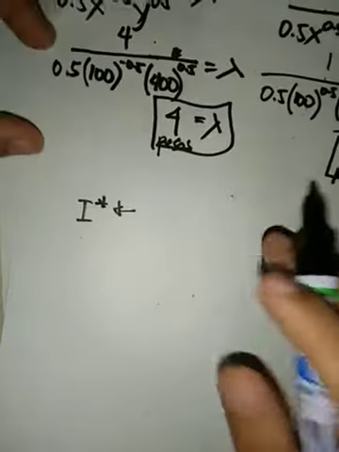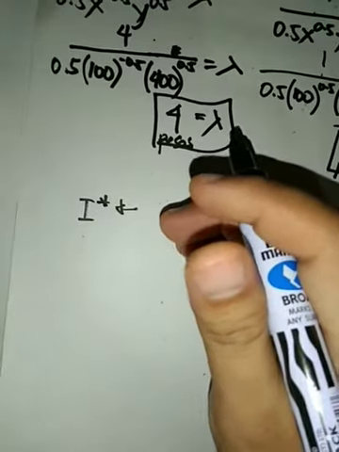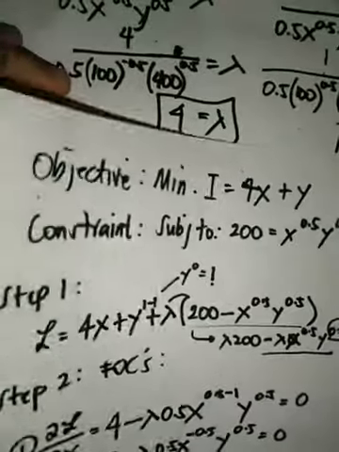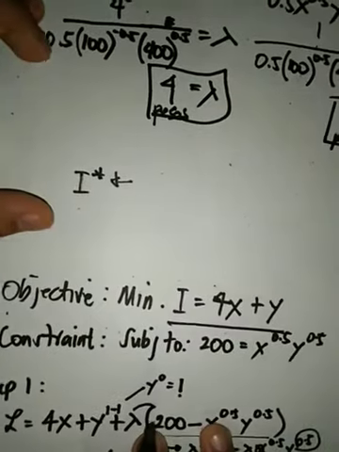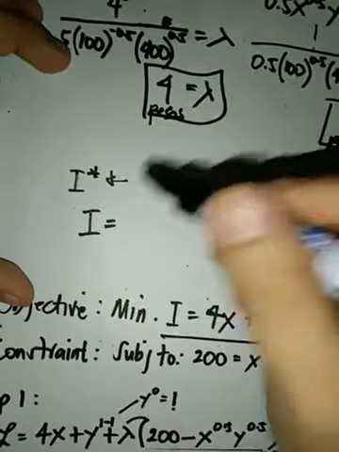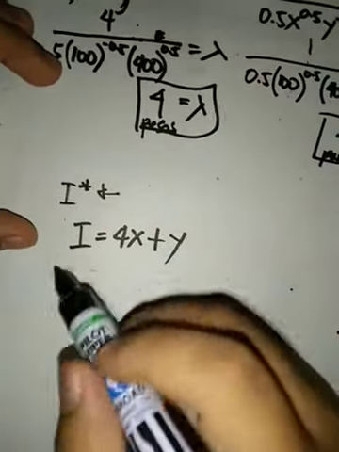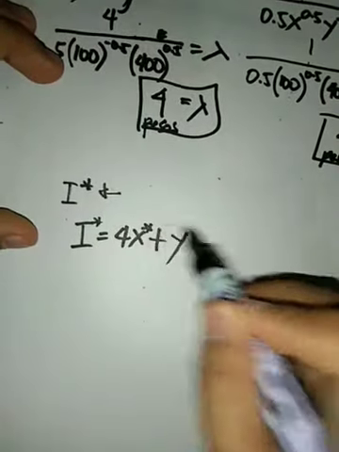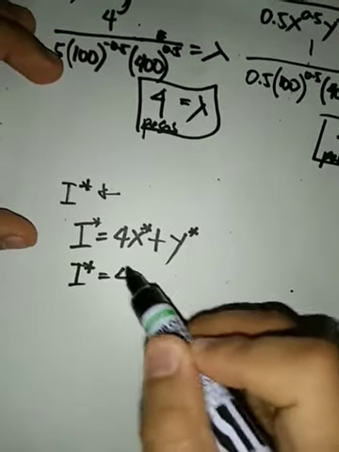Then since our objective, this one, so gagamitin natin yan. Therefore, we have I asterisk equals to 4.